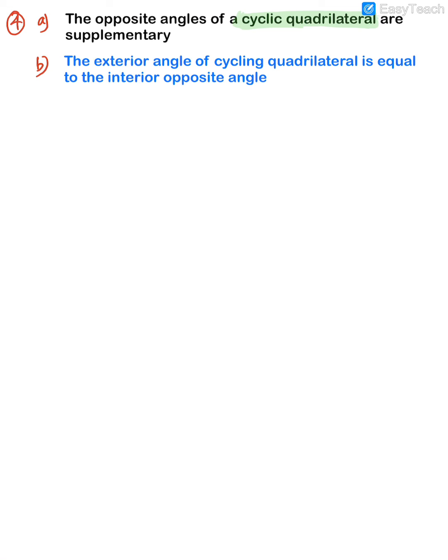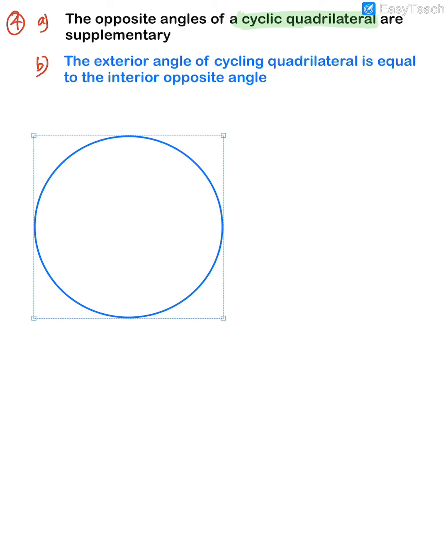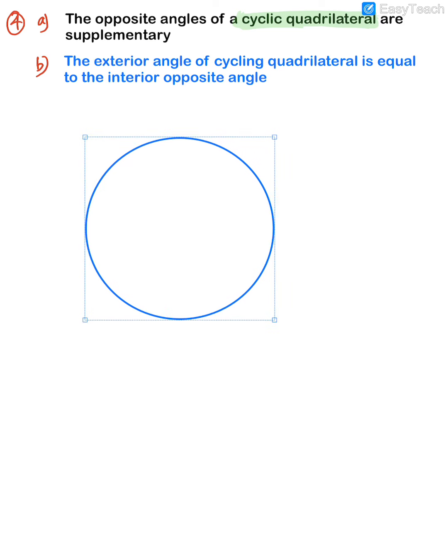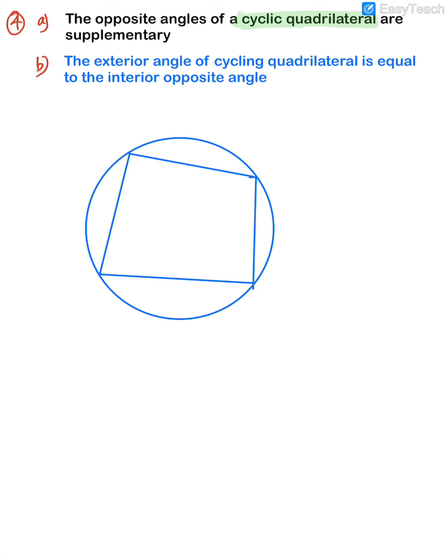Now what do you mean by a cyclic quadrilateral first of all? So say out here you have got a circle. Now what I'll do is we'll draw a quadrilateral inside this. So there is just randomly any quadrilateral, one side here, this is another side 2, this is another side 3, and that's a fourth side here.